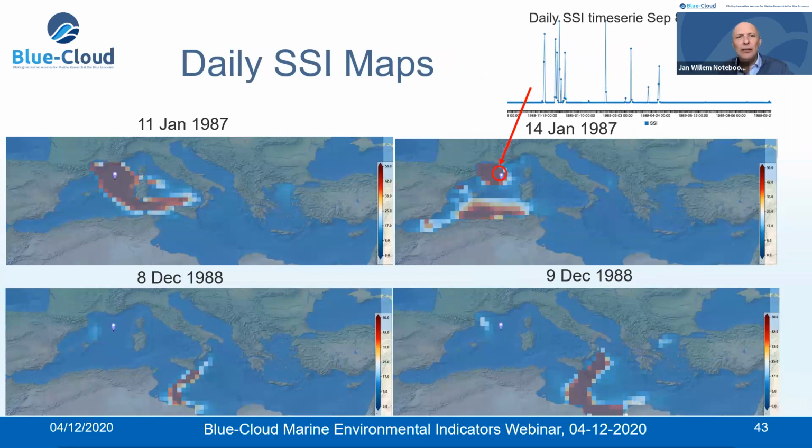If we zoom in from these monthly maps to the daily maps, for this January period, the score is contributed by two individual storms, one on the 11th of January and one on the 14th of January. Above you also see, for this area, the daily SSI scores, and they are primarily in the winter season.